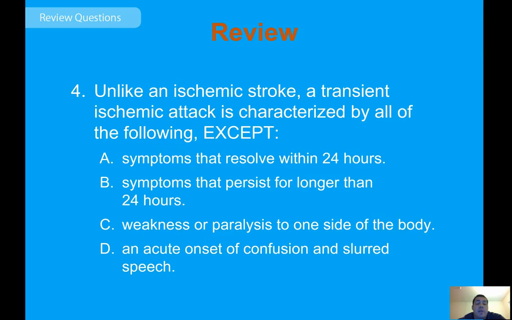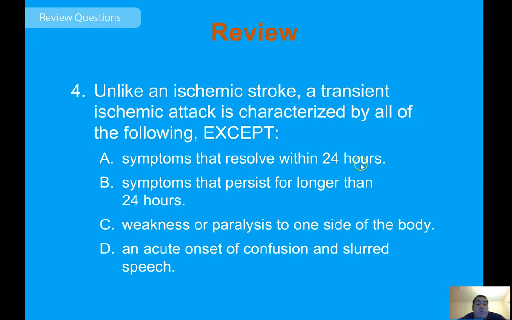So unlike an ischemic stroke, transient ischemic attack, or TIA, is characterized by all the following except... So how long do TIA attacks last for? They last less than 24 hours.